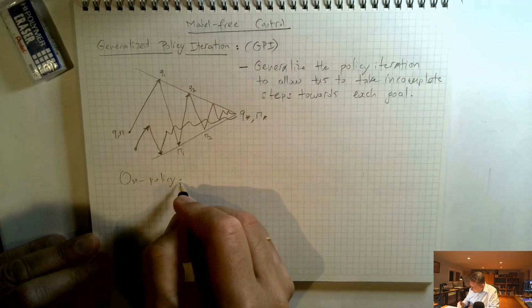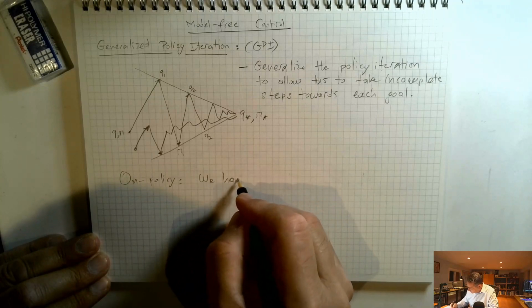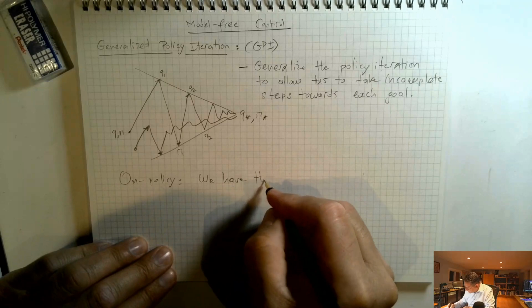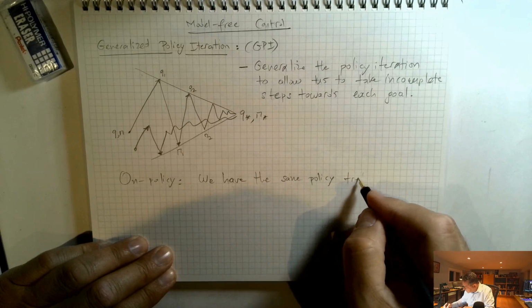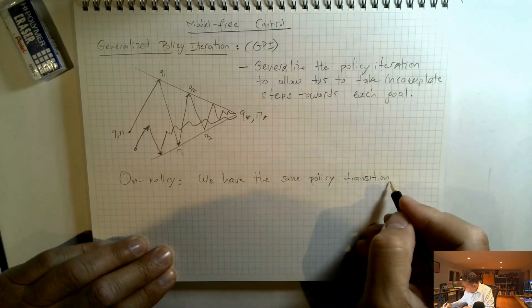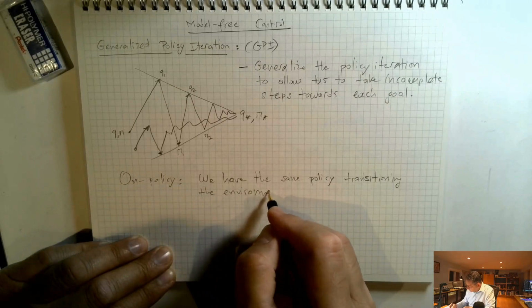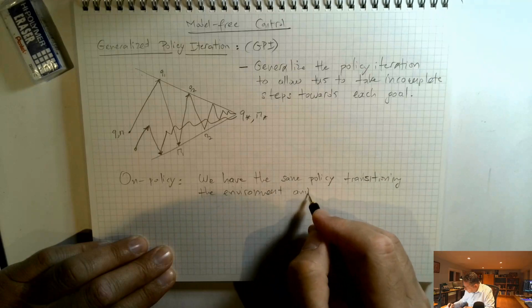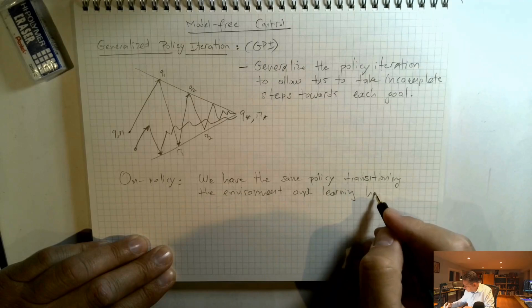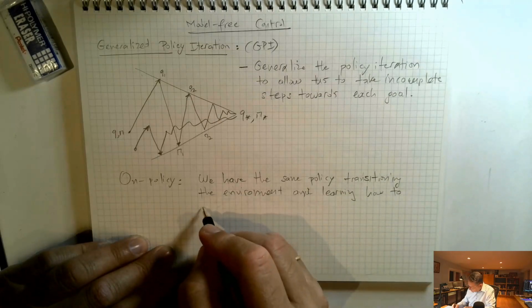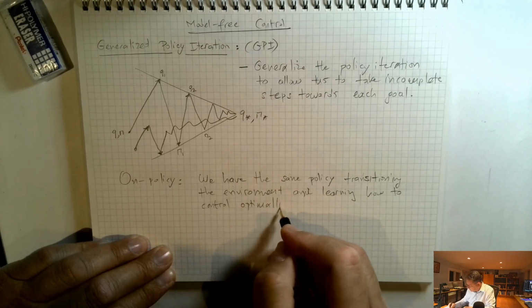And the on-policy assumption is that we have the same policy transitioning the environment and learning how to control optimally the agent.